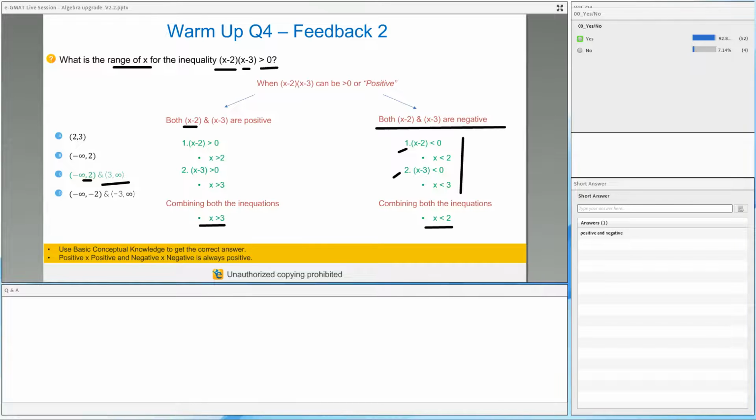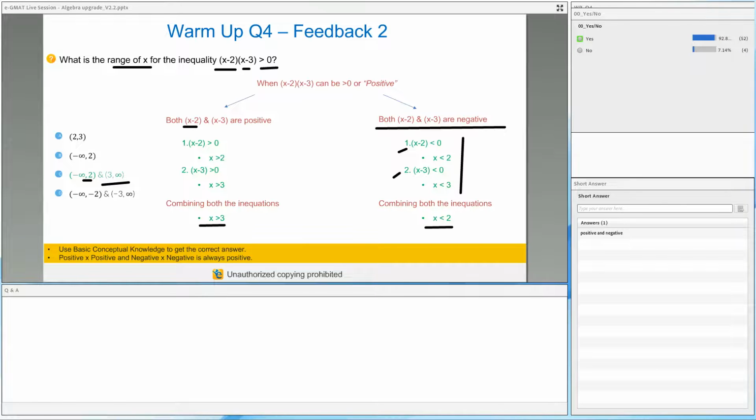Now you might ask, why am I not taking x is less than 3? If you say x is less than 3 and you put, for example, 2.9 in this and 2.9 in this, will both of them be negative? It won't be, right? You're saying x is less than 3, so obviously 2.9 could be one of the values. But when I put 2.9 here, this becomes positive, this becomes negative.